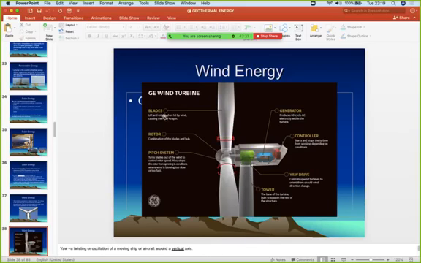So this is the tower, this is the blade. So basically there are not complicated parts inside the chamber above this tower that houses the wind turbine. So where's the wind turbine? This one overall is the turbine part here.